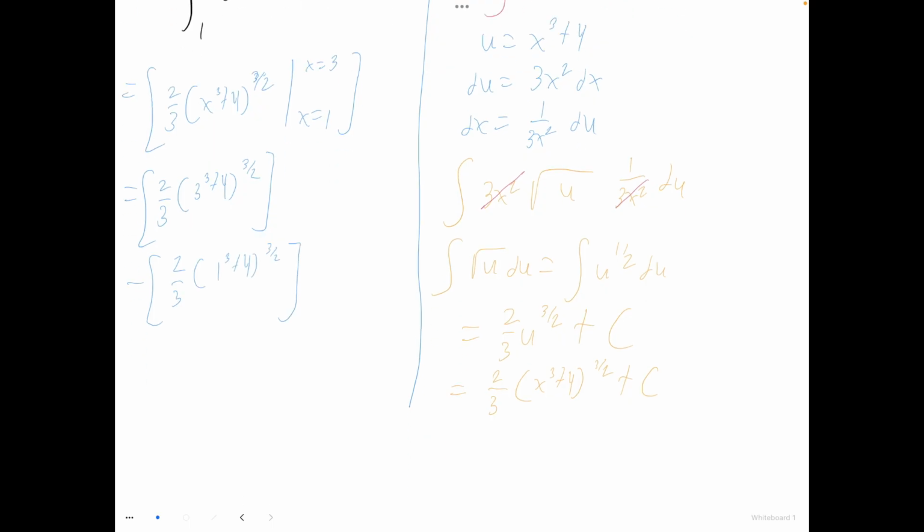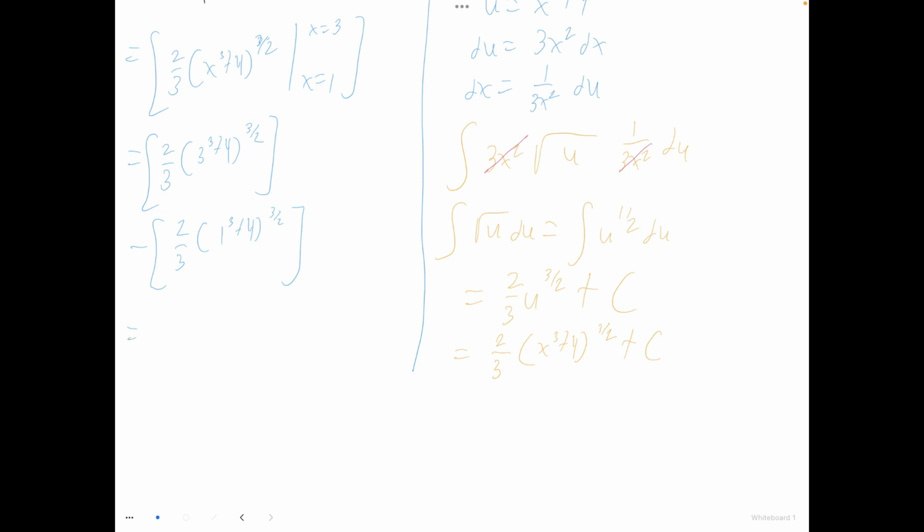And now this has a pretty nasty answer because I made it up on the spot. 3 cubed is 27, so we have 27 plus 4, which is 31 to the 3/2, minus 2/3 times 5 to the 3/2. And that number is then our answer to our definite integral. Okay, and so that's the first method.